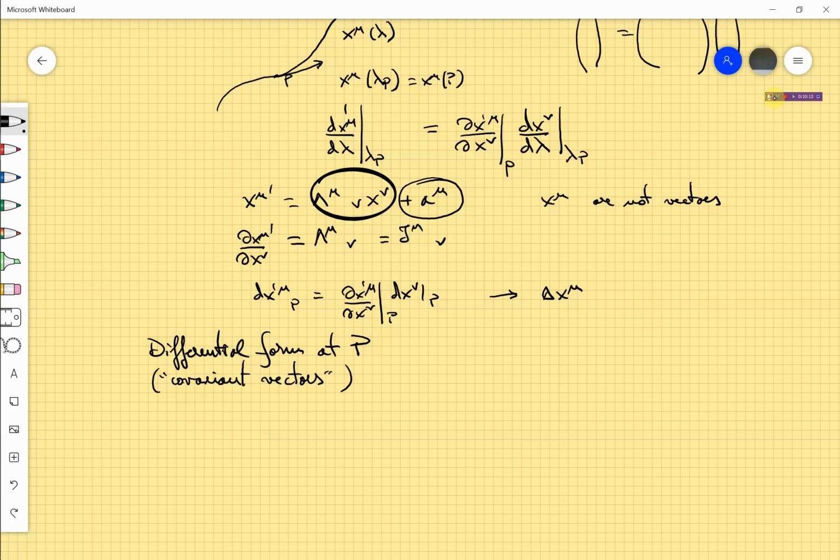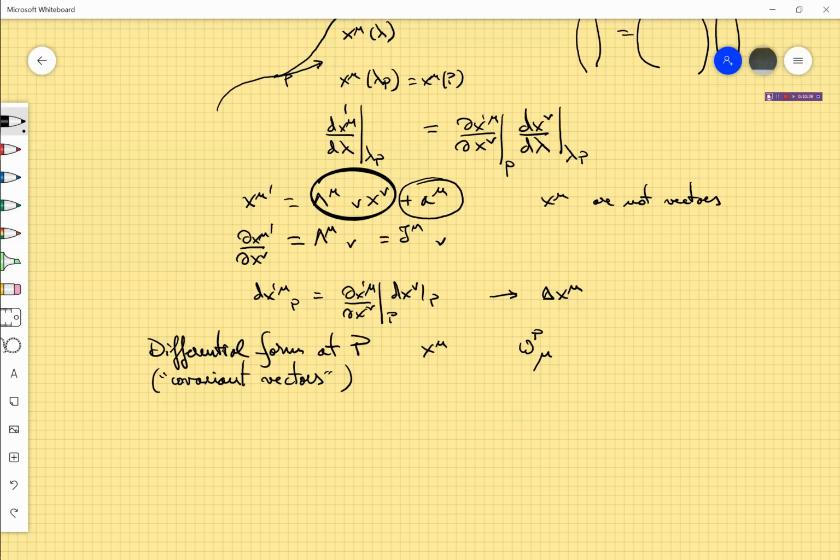And again, they are defined by their components in some coordinate system x mu, and we say that these components are omega p mu. So let's write this p above to avoid confusions, because the index in this case comes down. These are again four components.